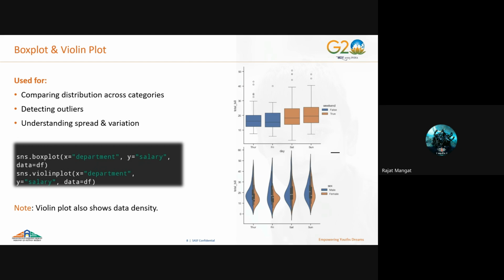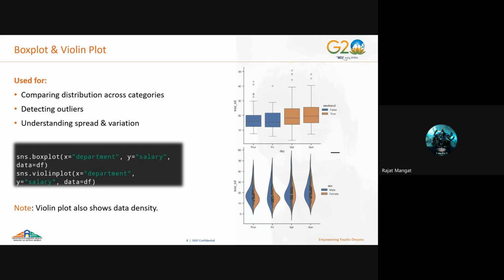In summary, between box plot and violin plot, the box plot shows the summary and the violin plot shows summary plus distribution: how data is distributed, how wide the curve is, how narrow the curve is.